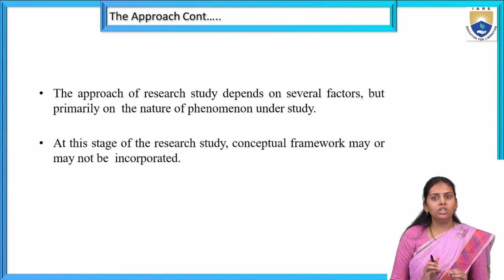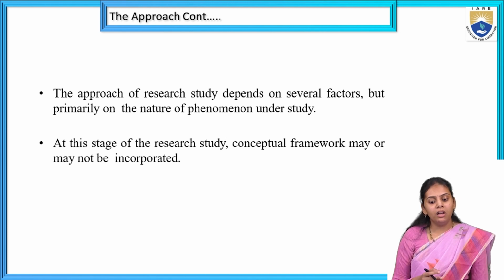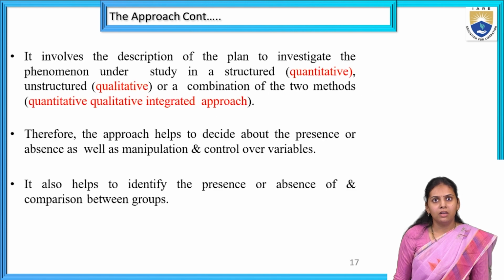So the approach of a research study depends on several factors, but primarily on the nature of the phenomena under study. At this stage of the research study, a conceptual framework may or may not be incorporated, and which also involves the description of a plan to investigate the phenomena under study.